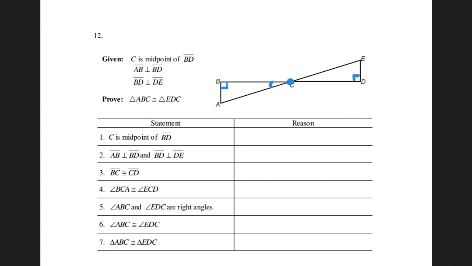Remember that these are vertical angles, they're congruent. And by definition of a midpoint, it's going to cut this segment into two parts. So just by looking at the picture, I already know that these two triangles are going to be congruent because of angle, side, angle.